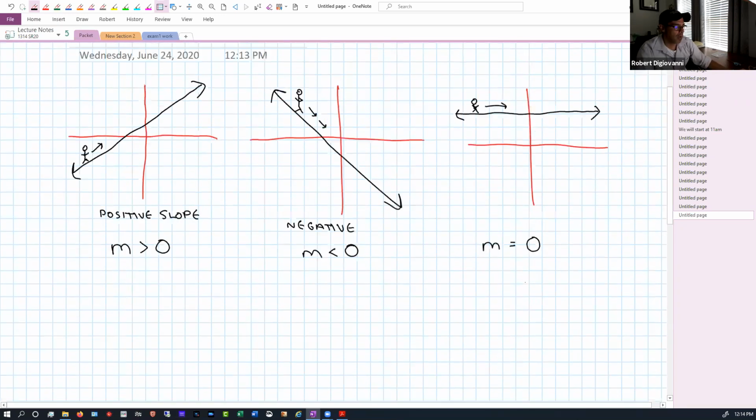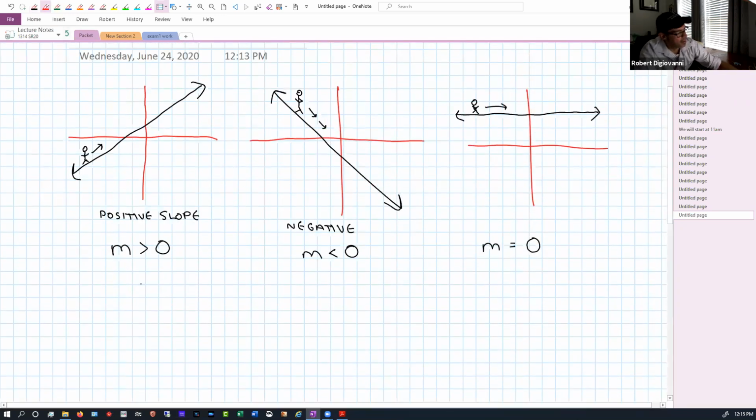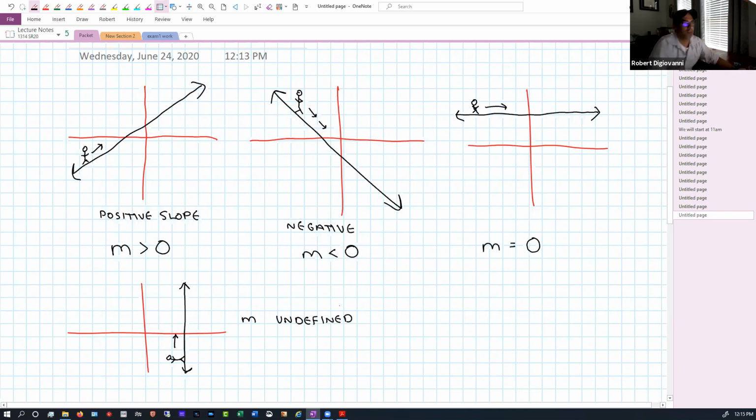And there's one more possibility. You could have a line where it's vertical, like this. And in this case, a person walking couldn't really walk because they would fall, I guess. I don't know if there's gravity. But in this case, the slope is what we call undefined.